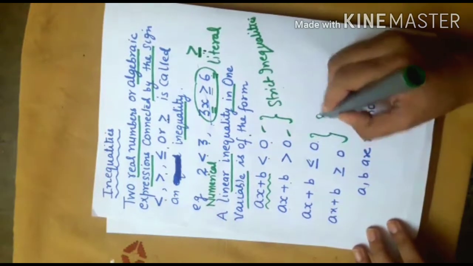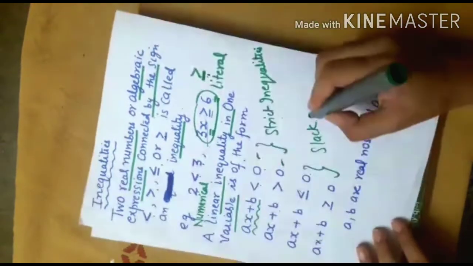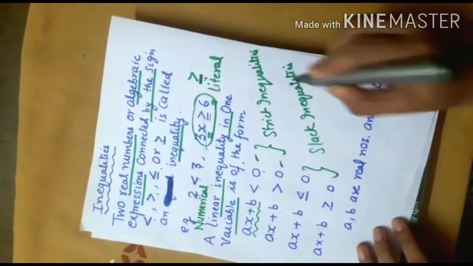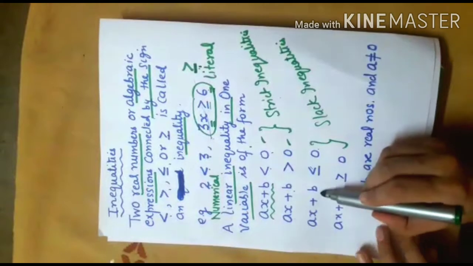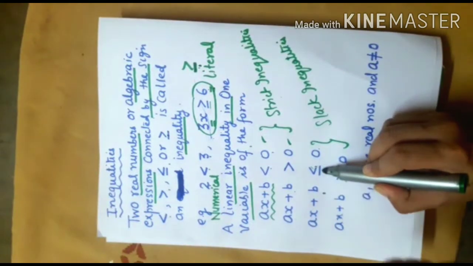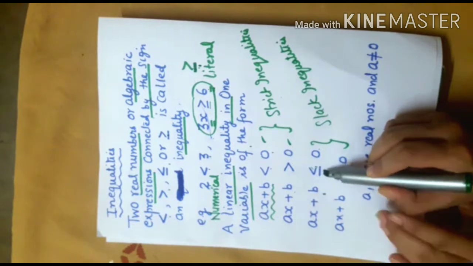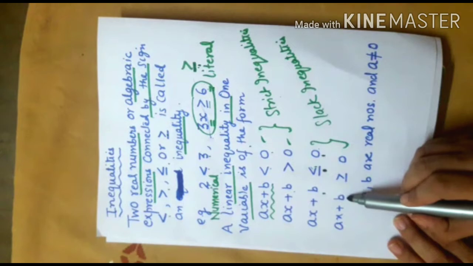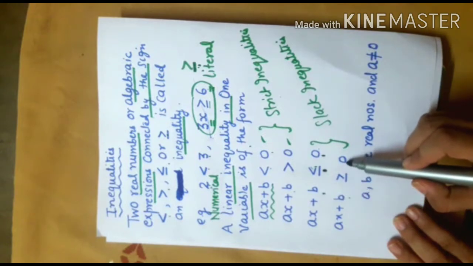And these two are called slack inequalities, because ax plus b is less than or equal to 0. It is not strictly less than 0. It can be equal to 0 also. Here also ax plus b is not strictly greater than 0. It can be equal to 0 also.